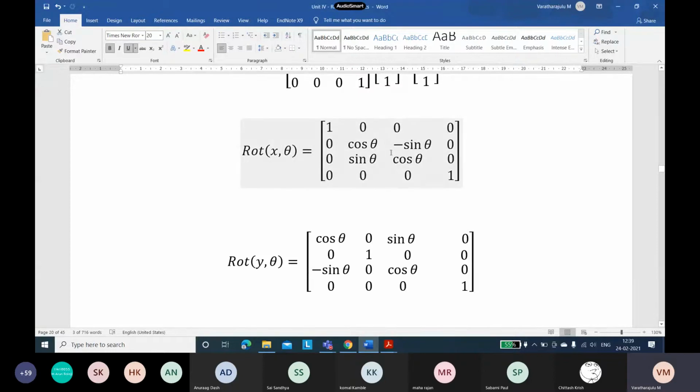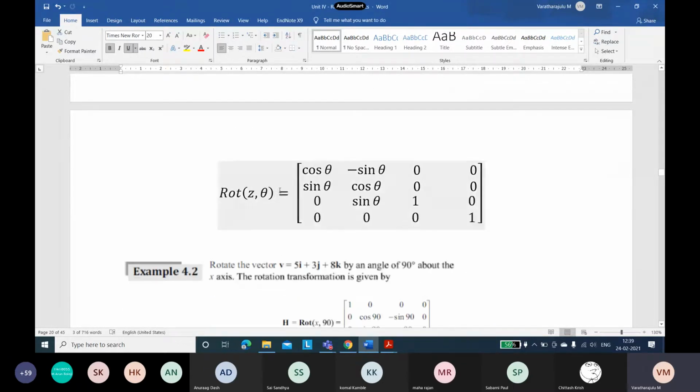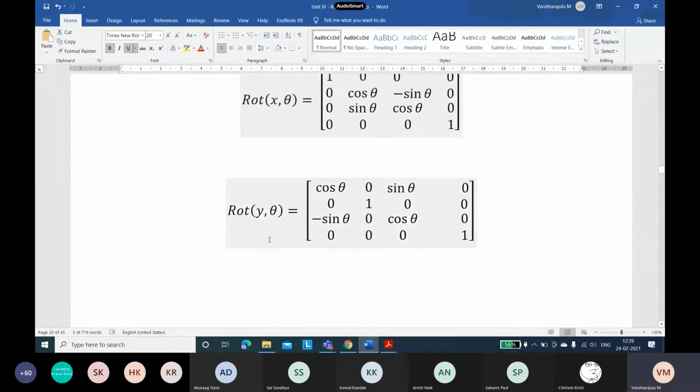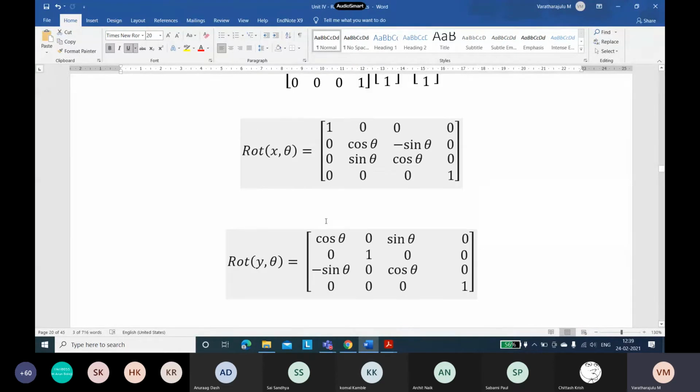Please remember that in the main diagonal we have cos theta, and in the secondary diagonal we have sin theta with sign, in x. Concerning z, we have minus sin theta at the top, and in the case of y, the bottom sin has a negative symbol. Please remember these formulas in order to solve the problems.